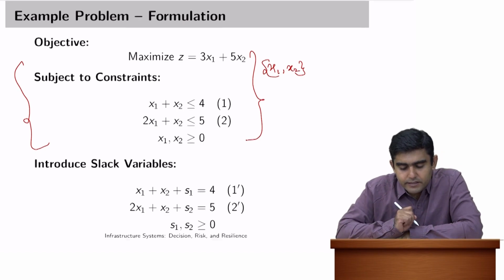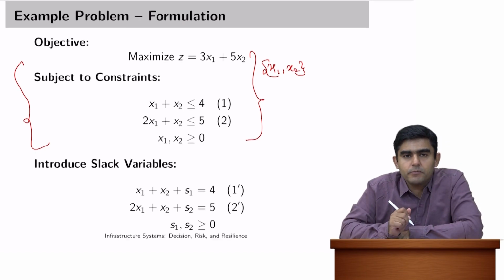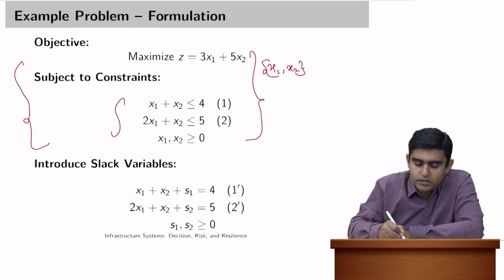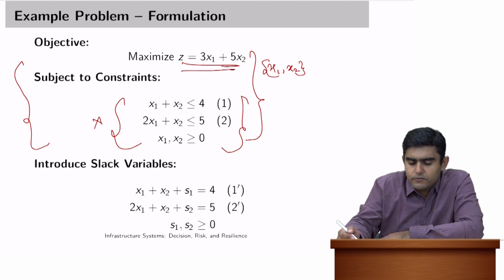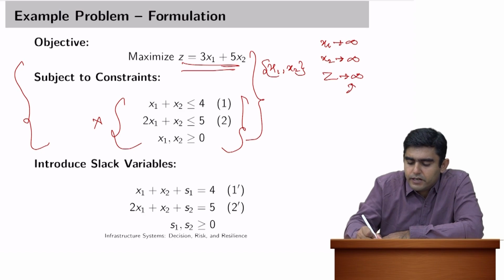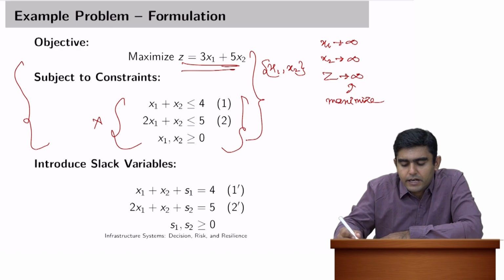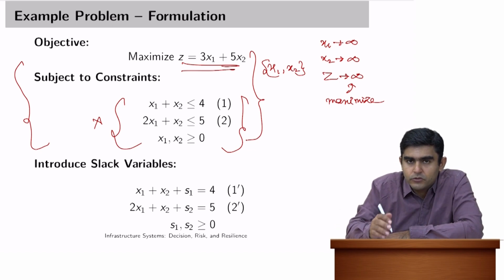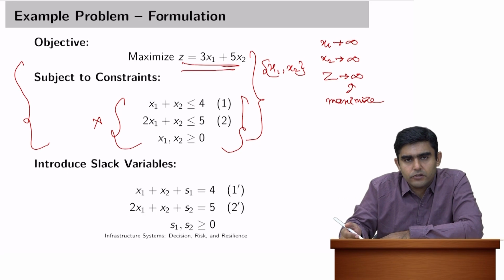Now, one thing is clear: if this were a problem of unconstrained optimization, that is, imagine that these constraints are not given to you and you are just focusing on 3x1 plus 5x2, you would say that x1 should tend to infinity, or should be a very, very large number. x2 should also tend to infinity. My value of z would also tend to infinity, and I have maximized this problem. You are absolutely right: x1 and x2 should increase from 0 towards infinity to increase the value of this function.